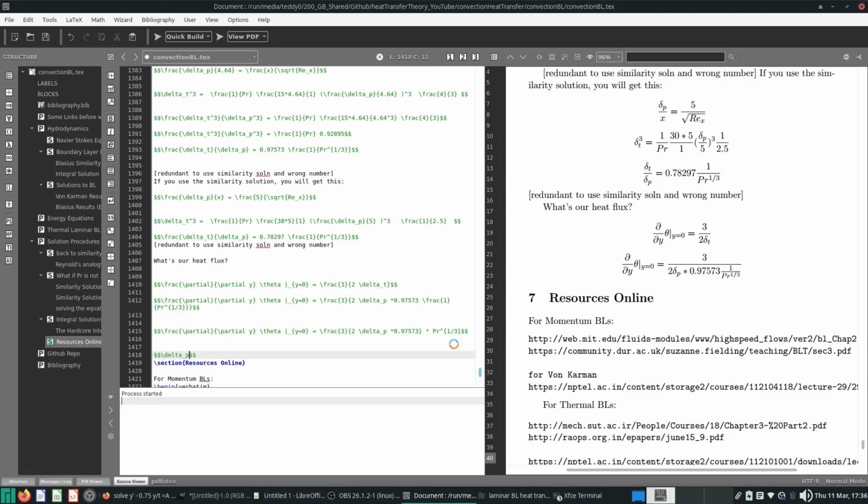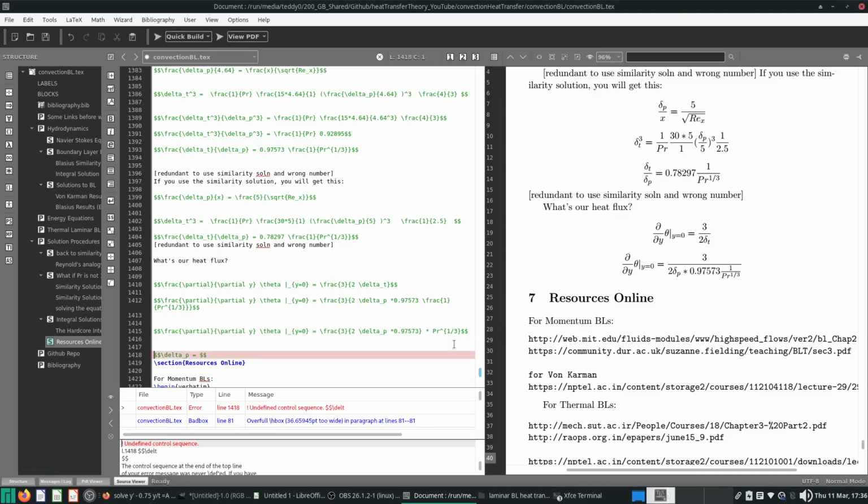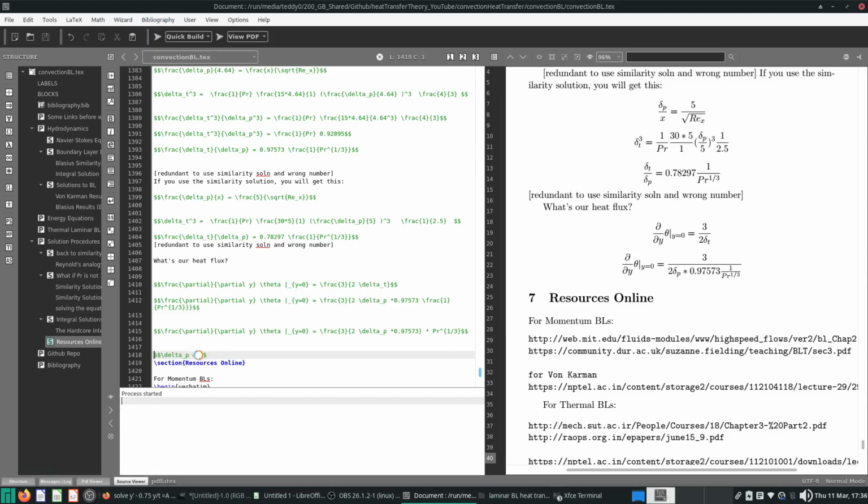Delta p equals 4.64x over the square root of the Reynolds number, the local Reynolds number. And there you go.